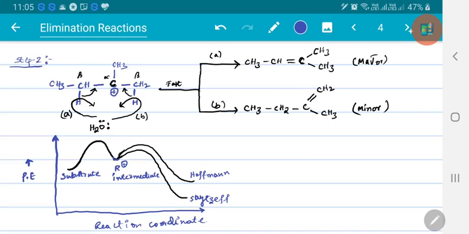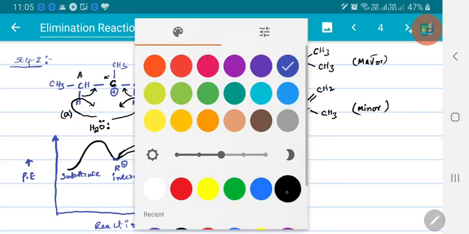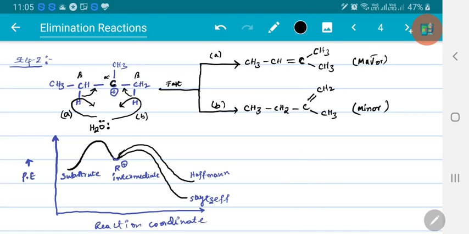Here there is C-H bond breaking, but not in the rate determining step. So we can call it a secondary isotopic effect. Primary isotopic effect means cleavage of the C-H bond in the rate determining step. So here you can observe a secondary isotopic effect.